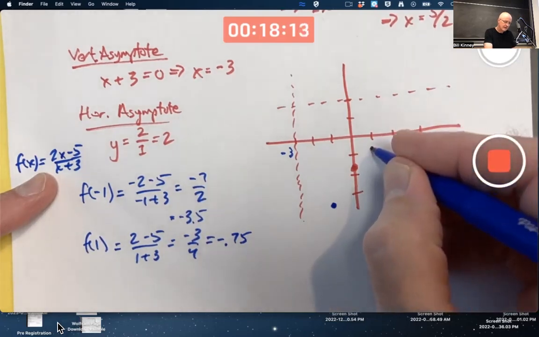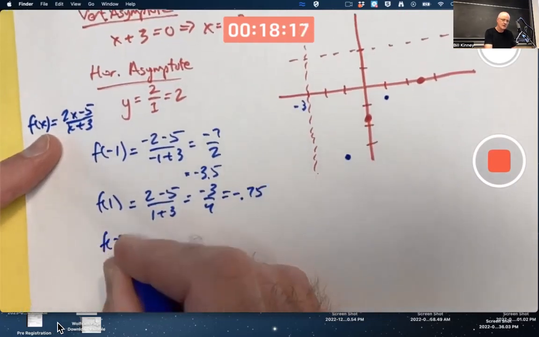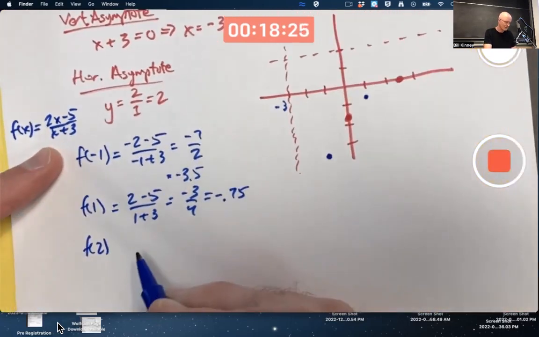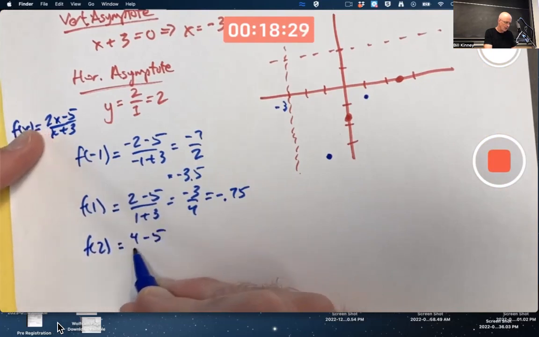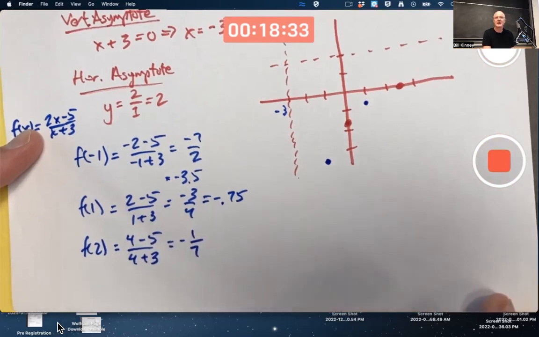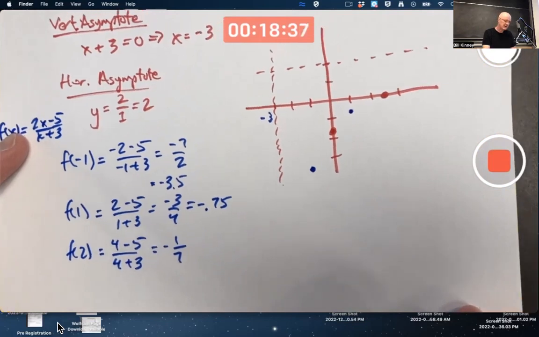Right around here. f of 2 should be maybe -0.25 or something. 2 times 2 is 4, minus 5 over 4 plus 3, -1/7. Not such a nice number. About -0.14, I believe.